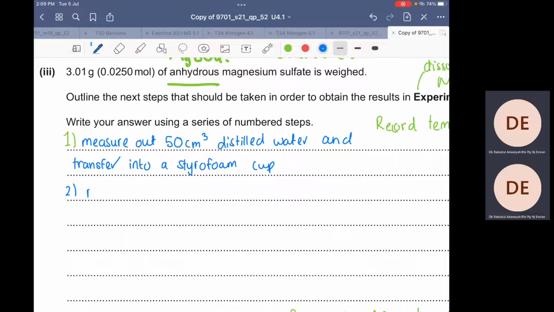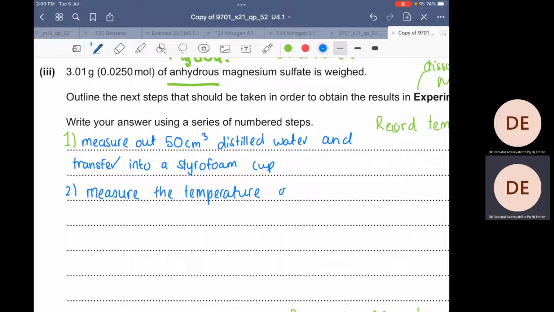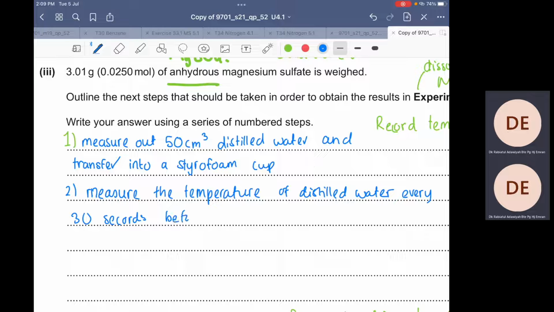So record or measure the temperature of distilled water every 30 seconds before adding magnesium sulfate.